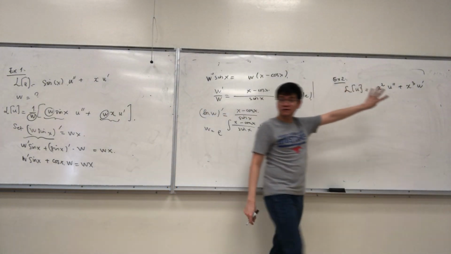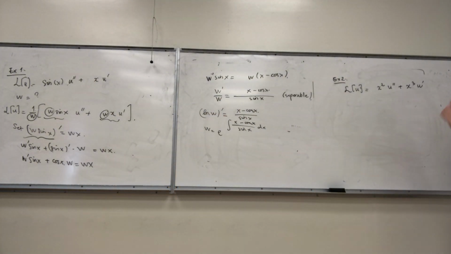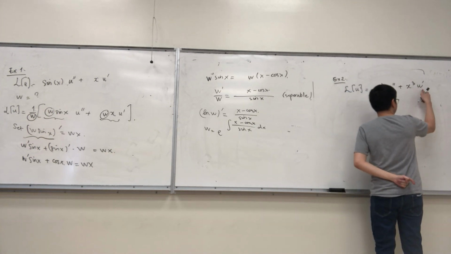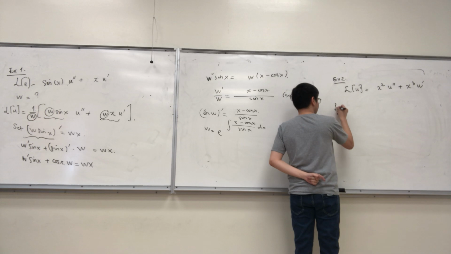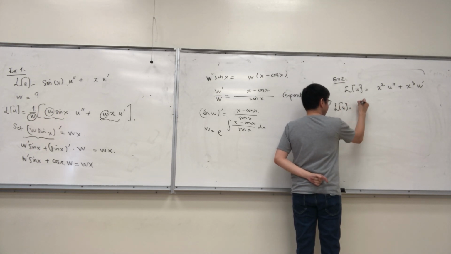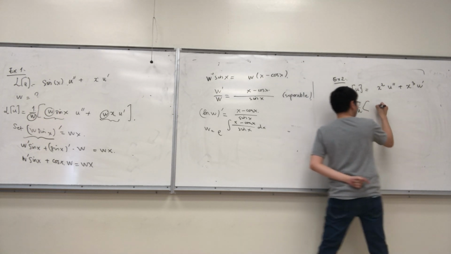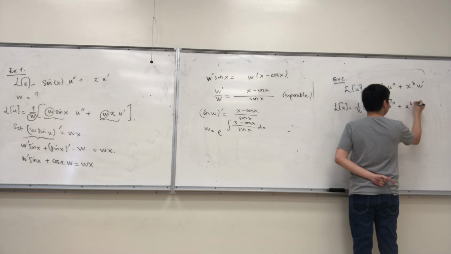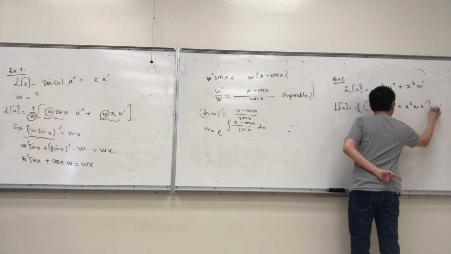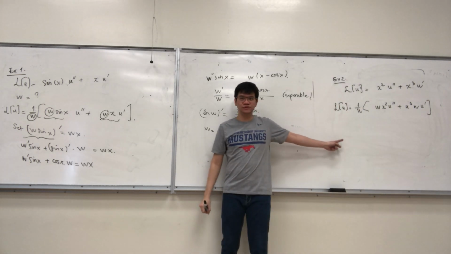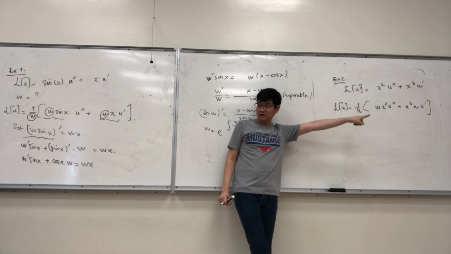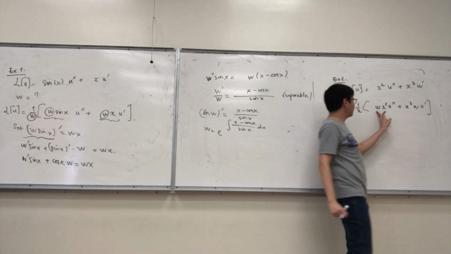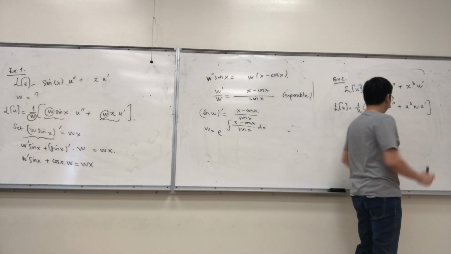So this is another kind of operator. So Lu is 1 over w times w x squared u second plus x cubed w u prime. So the first thing to do is to multiply by w and divide by w. Right? And the next thing is to set w x squared prime equal to x cubed w.